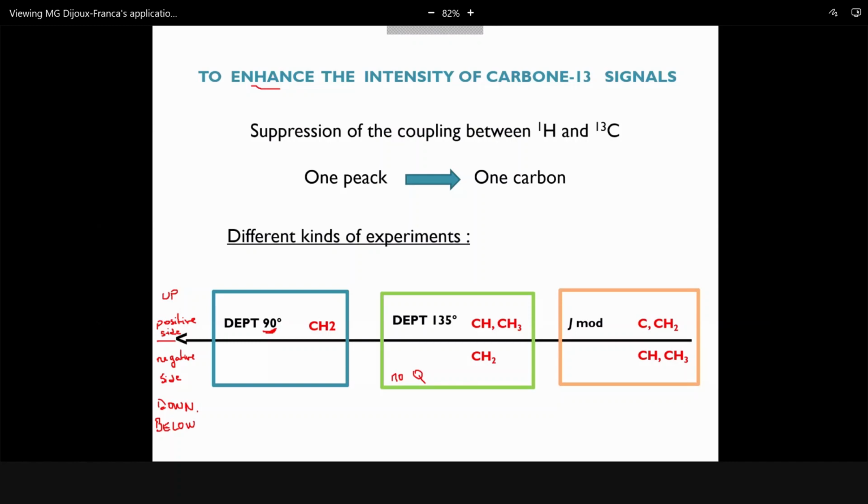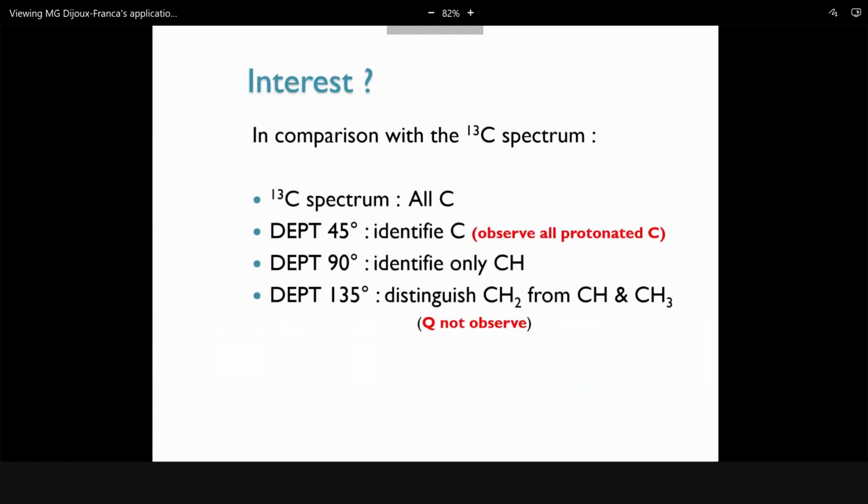So when we combine the decoupled spectrum, with a singlet for every carbon, with these other experiments, we are able to identify which signal is a CH2, which one is a CH or a CH3 or a quaternary carbon, without any coupling multiplicity. So it's greater signals, but also easier to interpret.